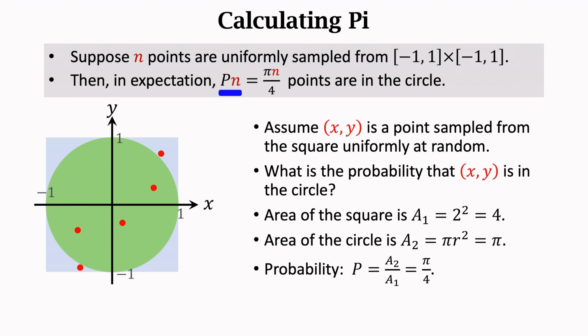Thus, in expectation, the number of points in the circle is pn equal to pi n over 4. Be careful, this is the expectation, not the actual outcome. If you sample 5 points randomly, all of the 5 points can be outside the circle. This can happen.